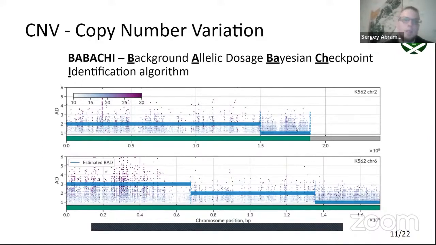BABACHI, in a nutshell, segments the genome into regions of constant allelic copy numbers ratio. So let's look at the figures. Each dot here represents a variant. On the x-axis is genomic position. On the y-axis, the ratio of allelic read counts is shown. The blue stripes represent BABACHI estimates.